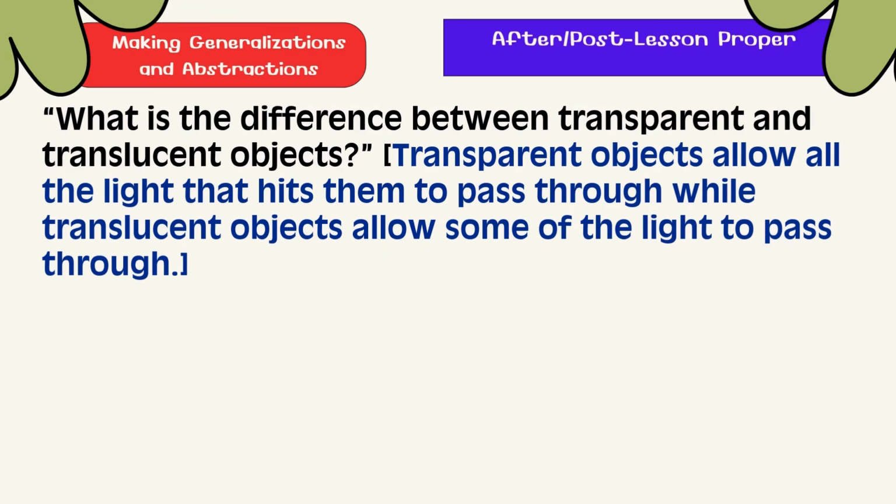What is the difference between transparent and translucent objects? Transparent objects allow all the light that hits them to pass through, while translucent objects allow some of the light to pass through.